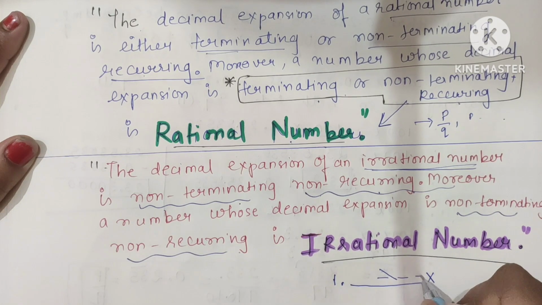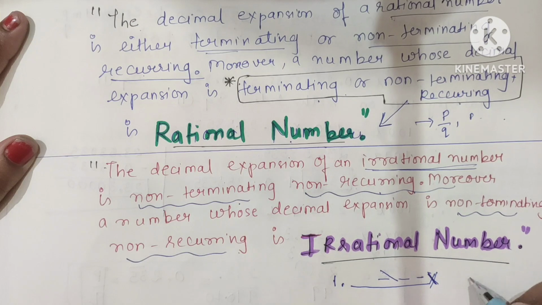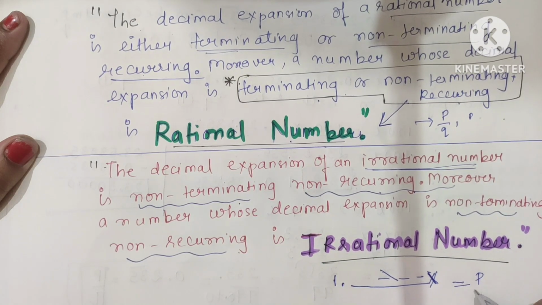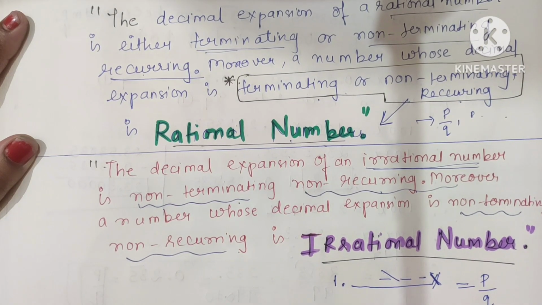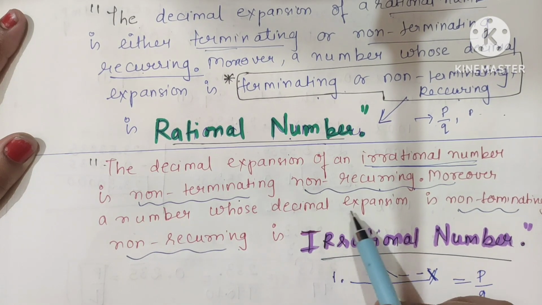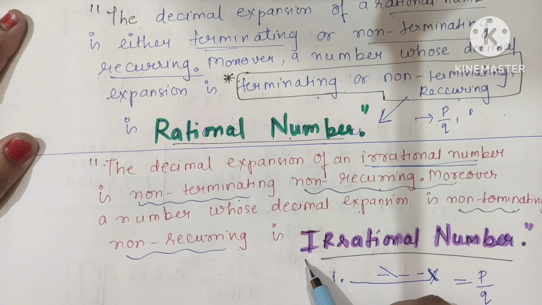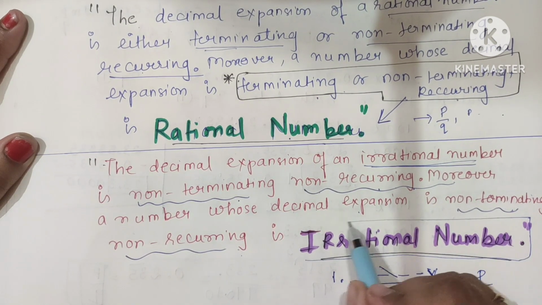There will be no pattern in it. They cannot be represented in the form of P by Q. So, a number whose decimal expansion is non-terminating, non-recurring is called an irrational number.